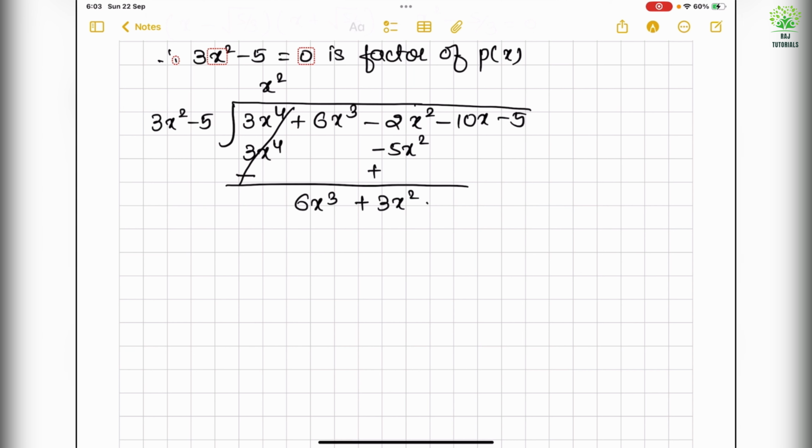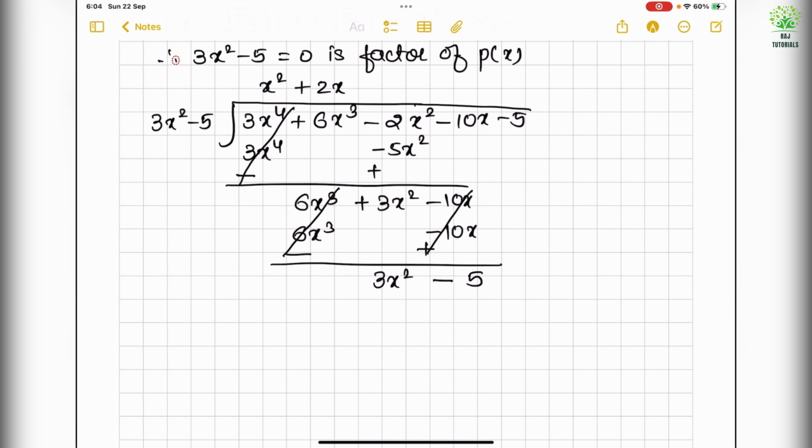So minus plus. So 4 power is gone. So 6x cube plus 3x square minus 10x is left. So plus 2x. So I will have 6x cube minus 10x.